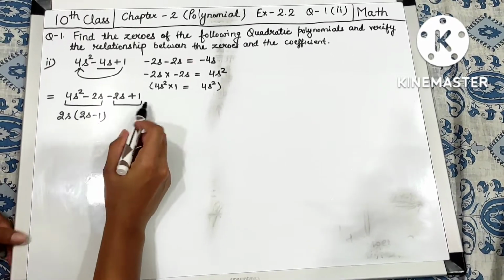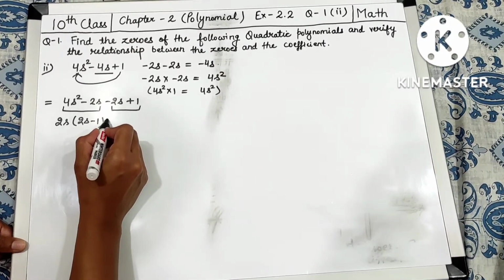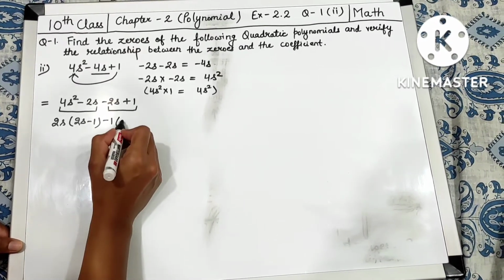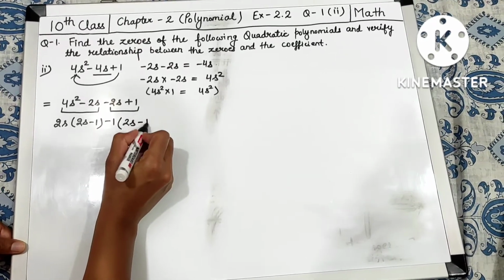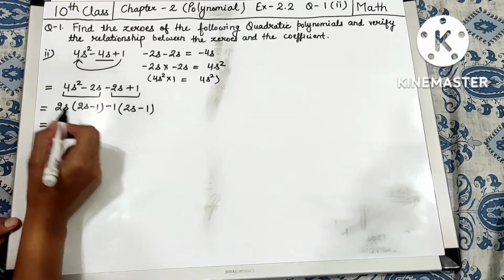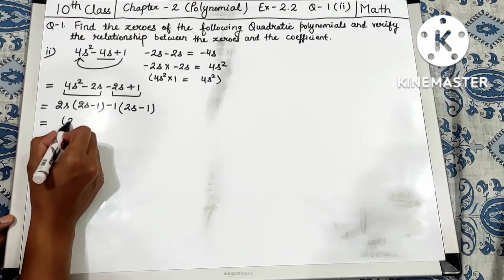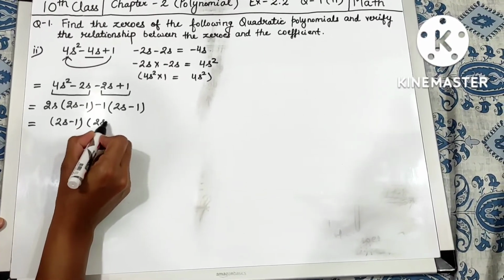In these terms, nothing is common, so we will take only one number as common, minus 1. Now we will write the same bracket one time only. 2s minus 1, again 2s minus 1.